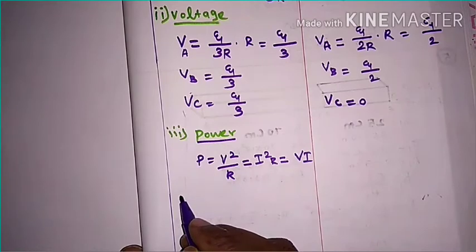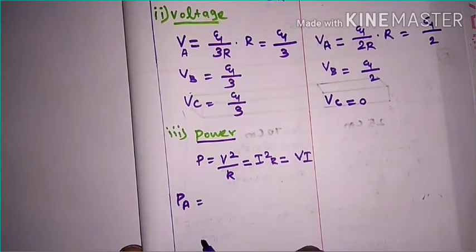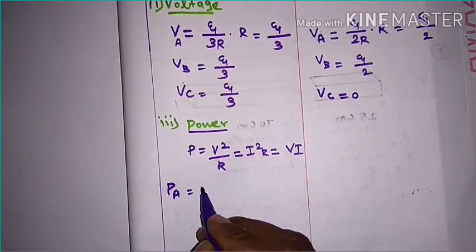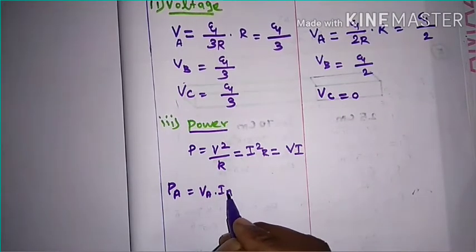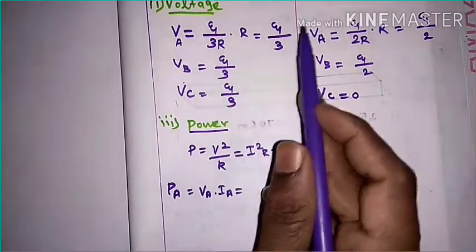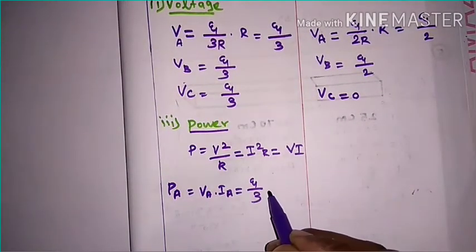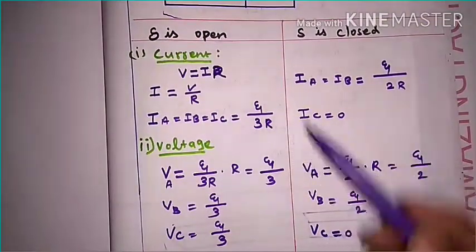So the power P for the first resistor is P equal to VA into IA. The potential across the first resistor is psi by 3, into the current psi by 3R.